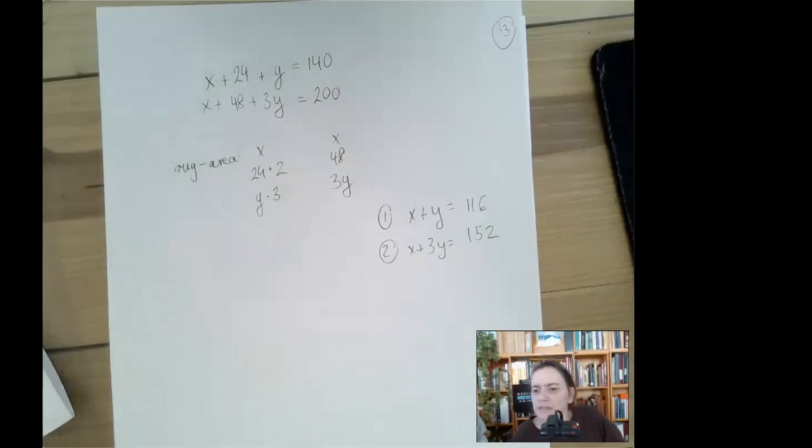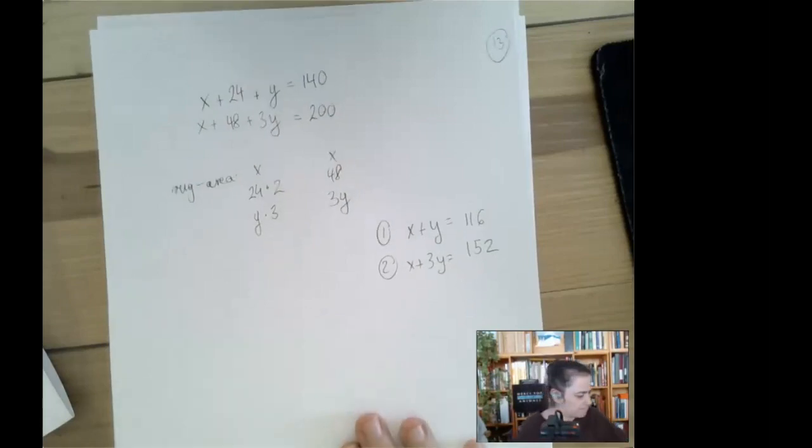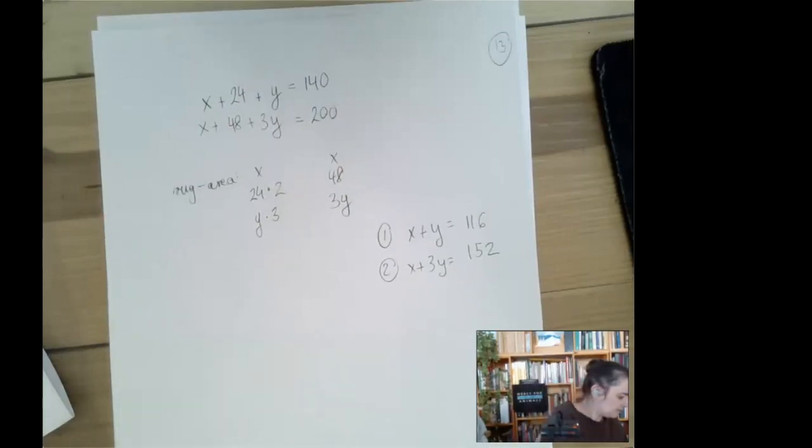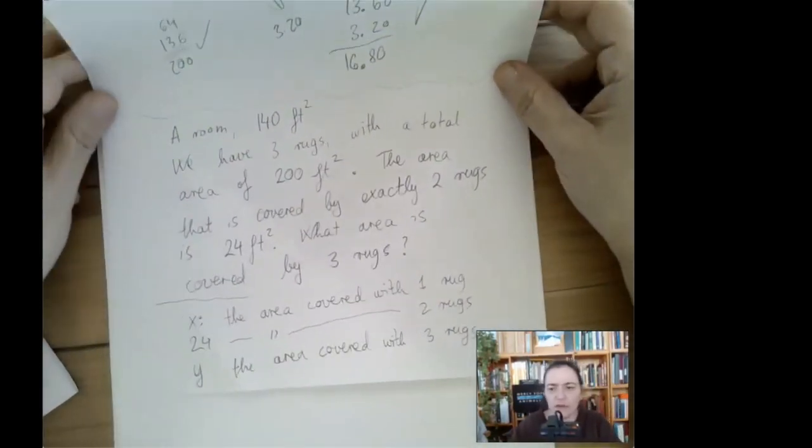So the chat box says, I don't understand how you decided what number to work with from the beginning. You mean from the 140, 24?